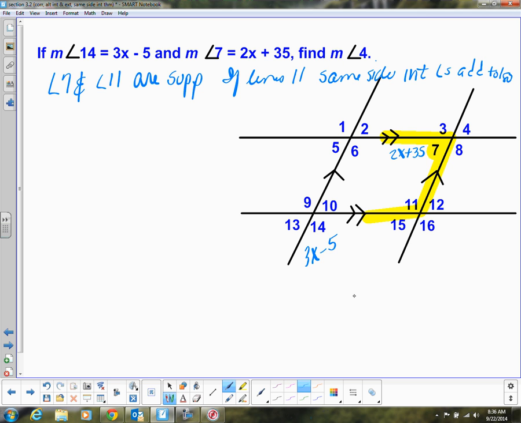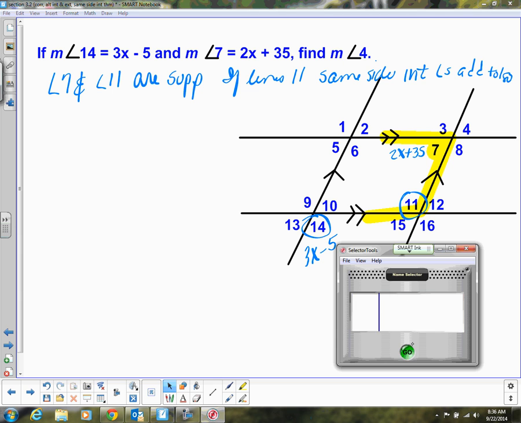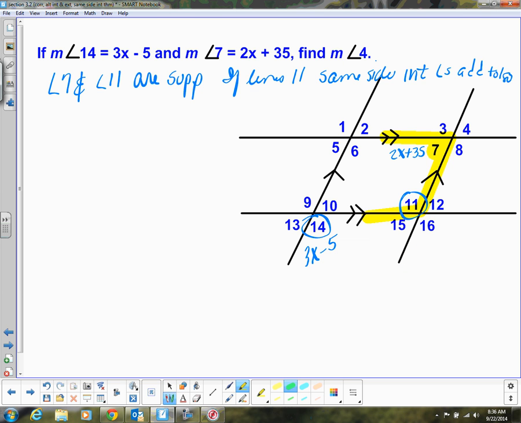Okay, now we're at 11. Where are we headed? We're headed towards 14. All right, is there a relationship there already? Garrett? We're at 11. We need to move towards 14. Can we do that now? Okay, what type of angles are those?